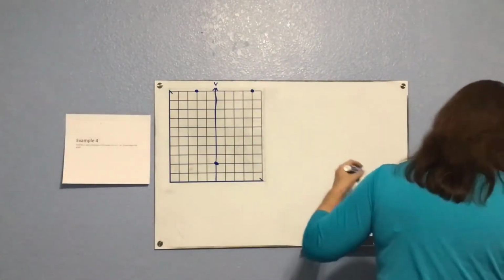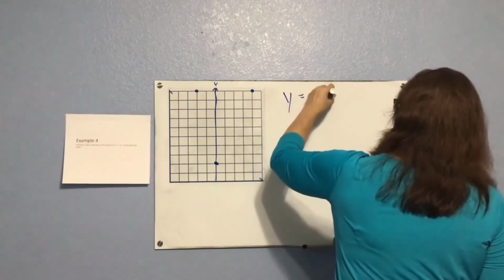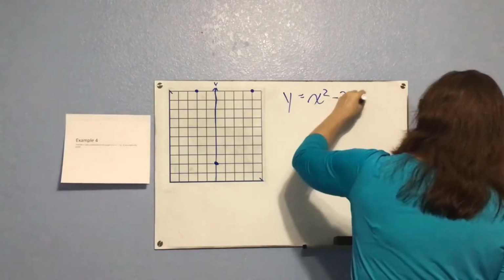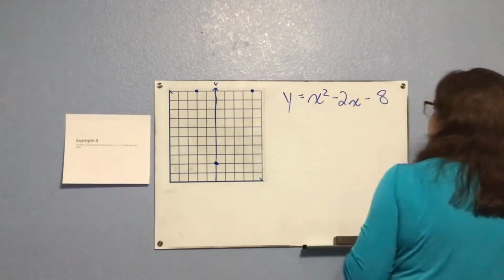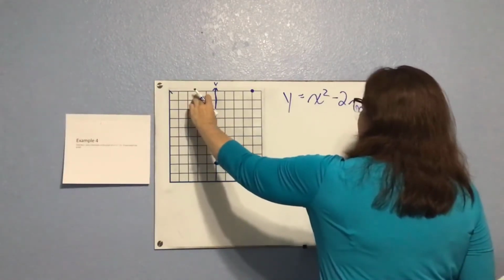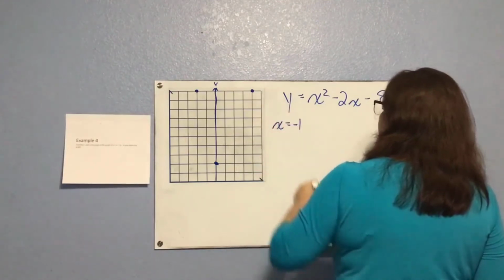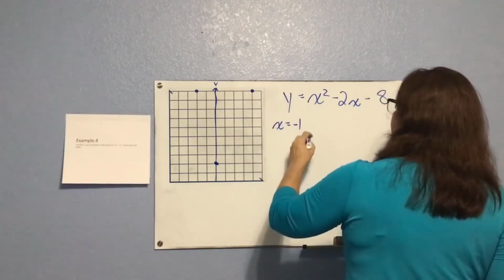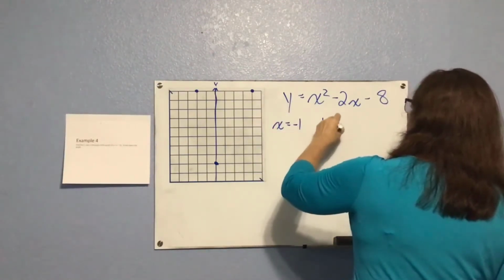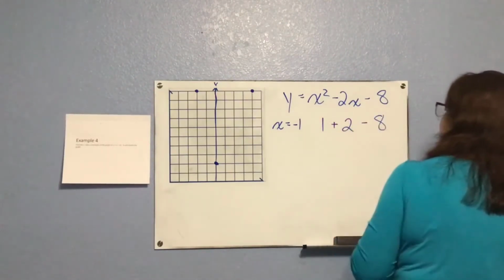So here's my equation: y equals x squared minus 2x minus 8. And I had a point here at x equals negative 2. So let's try x equals negative 1. And that's going to give me 1 plus 2 minus 8.